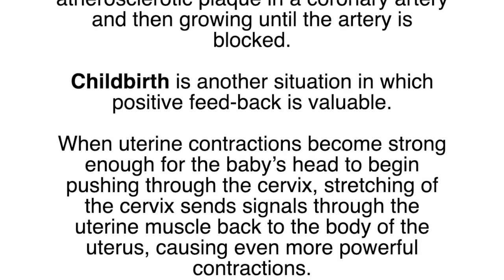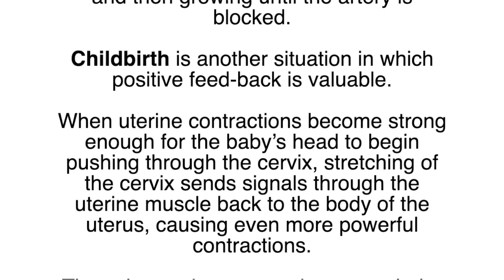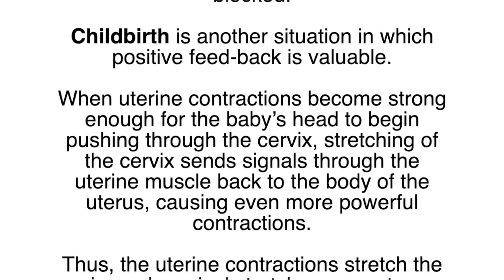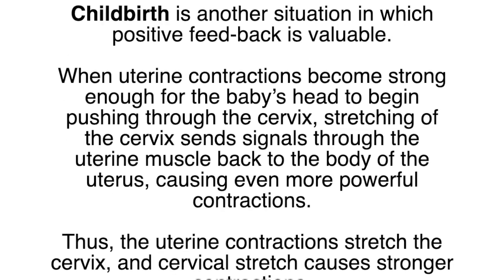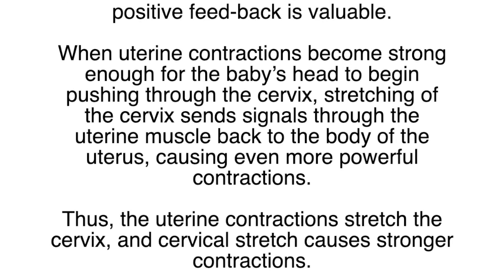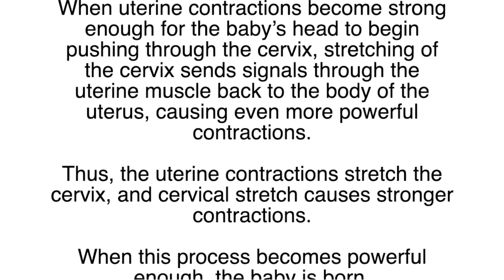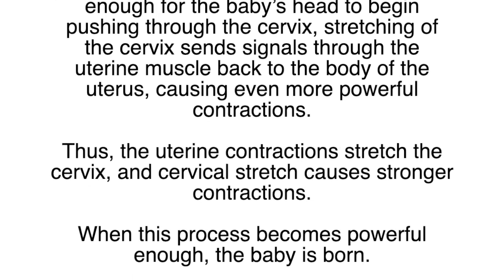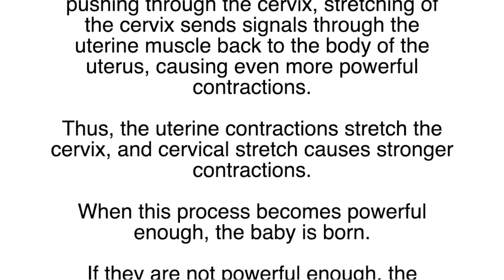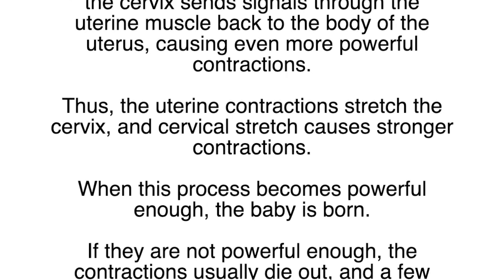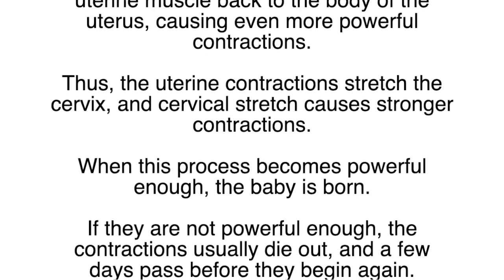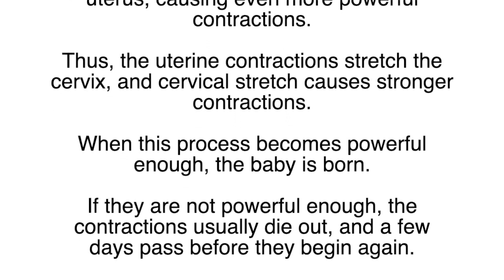Childbirth is another situation in which positive feedback is valuable. When uterine contractions become strong enough for the baby's head to begin pushing through the cervix, stretching of the cervix sends signals through the uterine muscle back to the body of the uterus, causing even more powerful contractions.